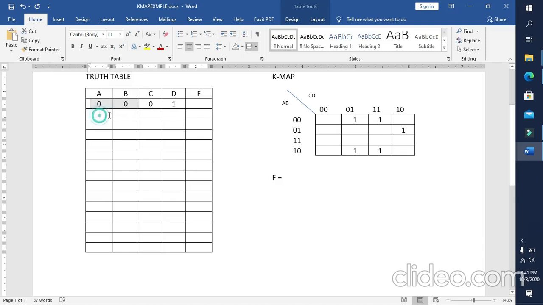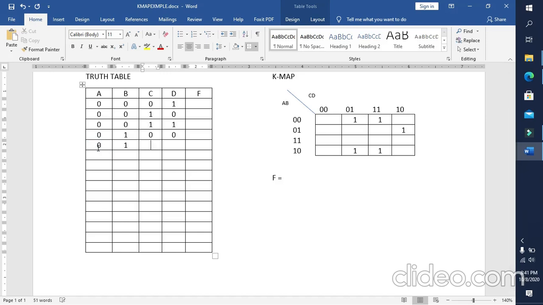Okay, so we have here 0, 0, 1, 0. And we have 0, 0, 1, 1. Then we have 0, 1, 0, 0.